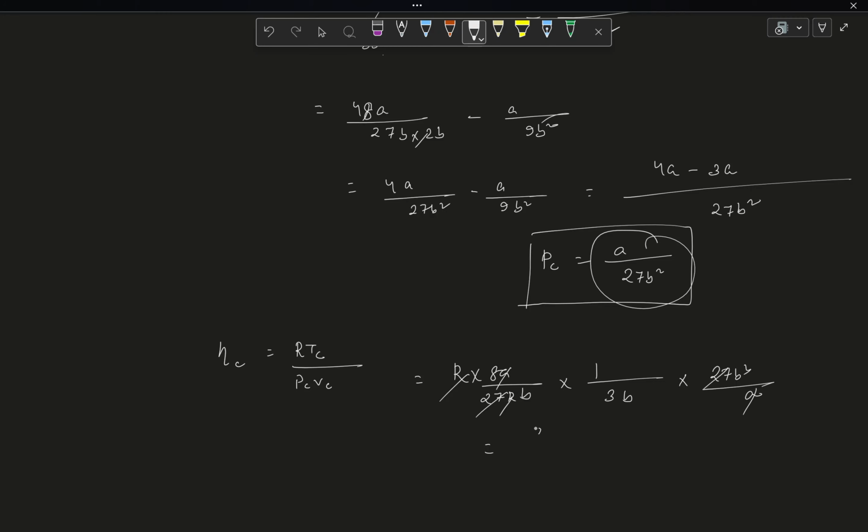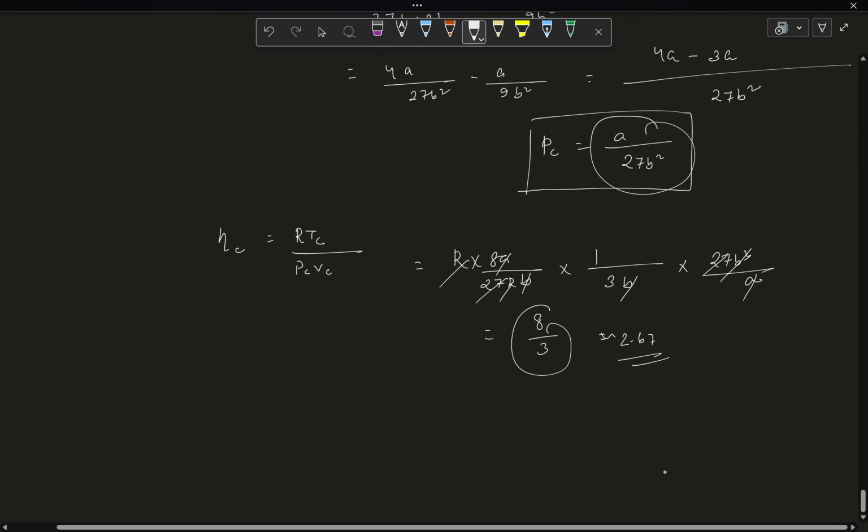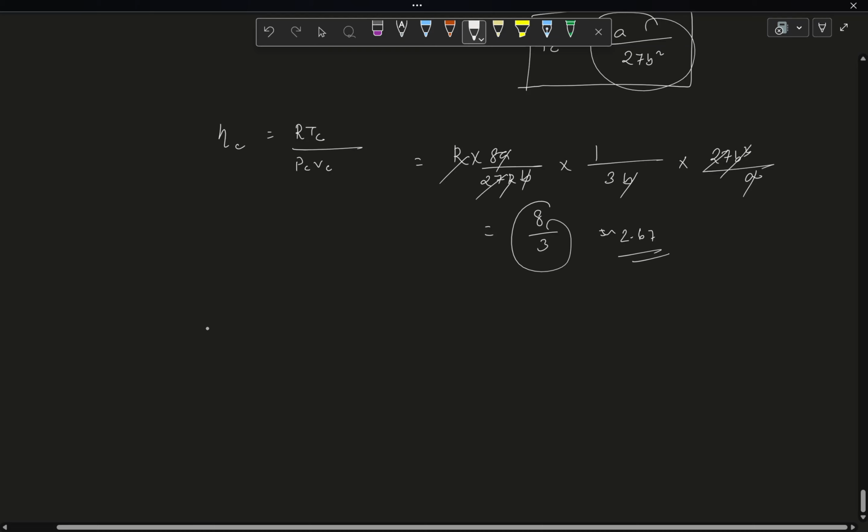So you have 8 by 3, this B squared and B squared cancelling out. So 8 by 3, which is almost like 2.67. So this is the critical coefficient value for real gas.